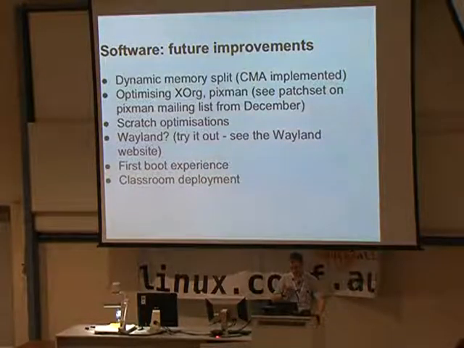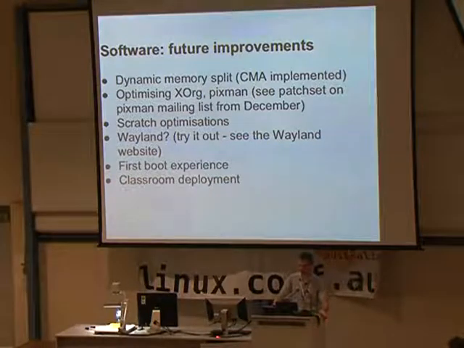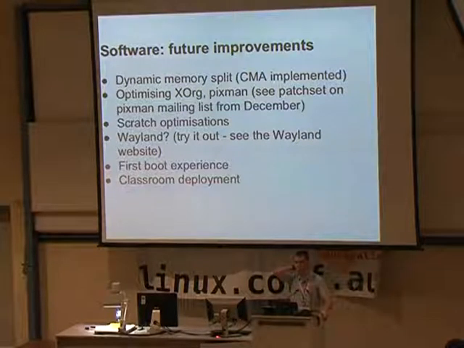Now, actually a number of these are almost released. I think I'm the main blocker now, just uploading the image which has most of them supported. So we've moved to the 3.6 kernel, and Dom Cobley's implemented the CMA contiguous memory allocator support, which we probably won't enable by default because a few people seem to run into a few issues every now and again, but this allows for fully dynamic memory split.